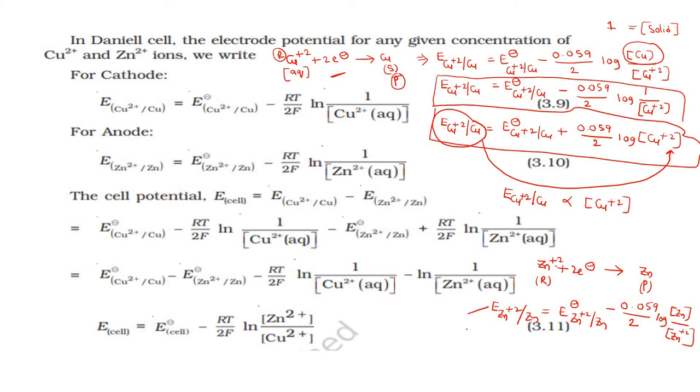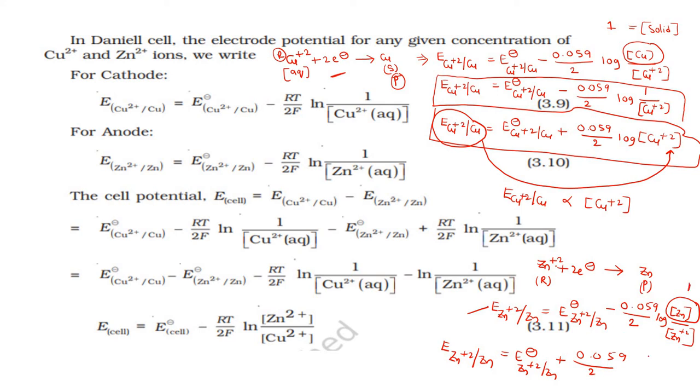Otherwise, if you want to change the sign, what we get here? E zinc plus 2 by zinc is equal to E naught zinc plus 2 by zinc plus 0.059 by 2. This concentration will be 1.